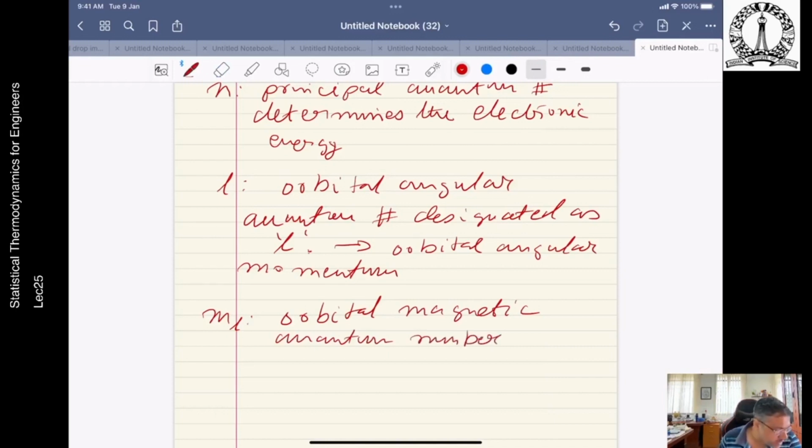That is ML. It specifies the Z component of the orbital angular momentum.